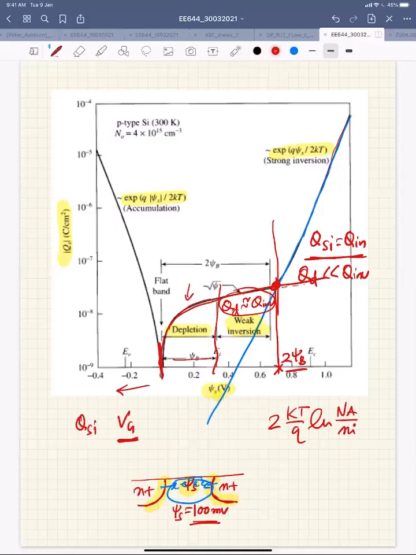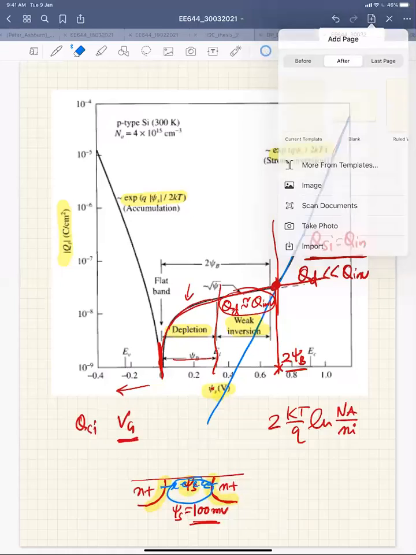I am not applying the surface potential. This plot only gives a relation between charge in the silicon and potential in the silicon, but I want charge in the silicon as a function of applied voltage, which is the gate voltage.